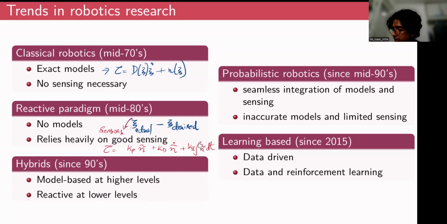Then, since the 1990s, we had a hybrid scheme, which would have model based control at higher levels and a sensor-based or reactive scheme at lower levels.